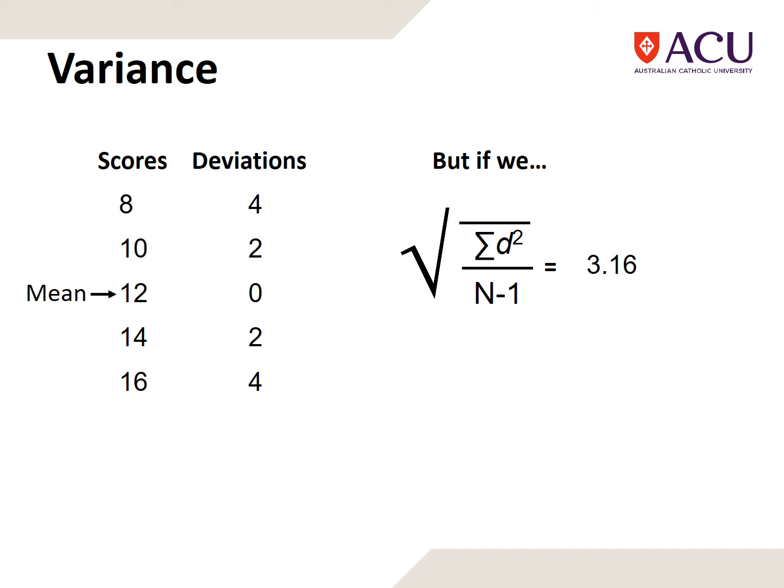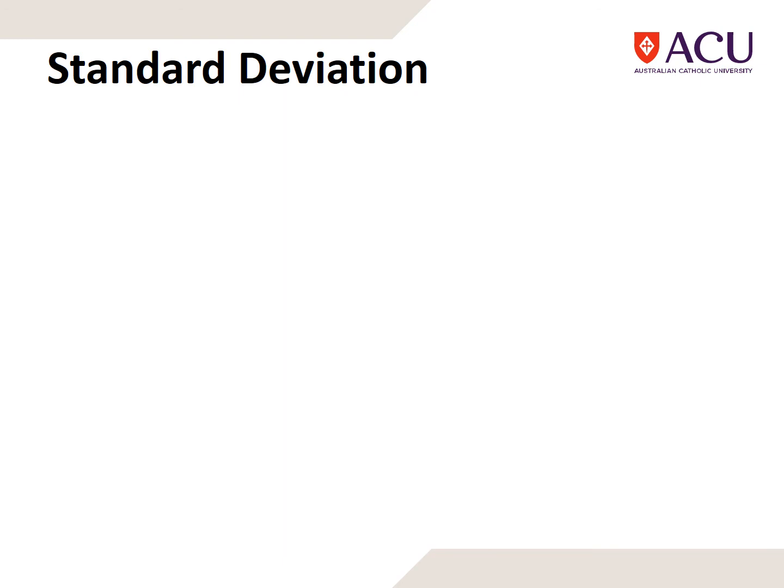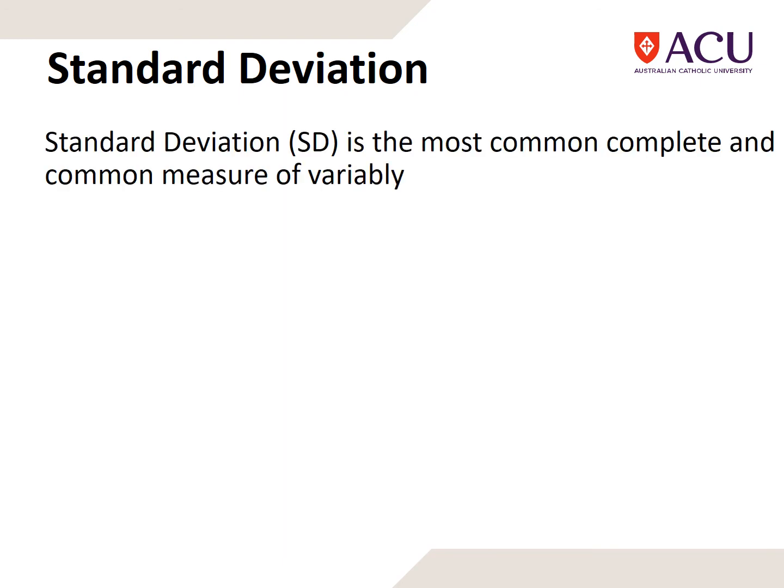And so when we square root that calculation, it turns out it's actually the formula for the most common measure of variability, which is standard deviation. So standard deviation, like variance, takes into account all of the scores and how far they are from the mean, but it's also the most complete and common measure of variability because it gives us some indication that makes sense about how spread the data is.